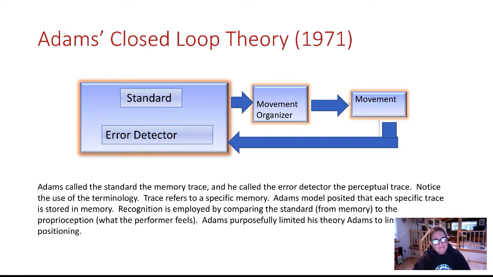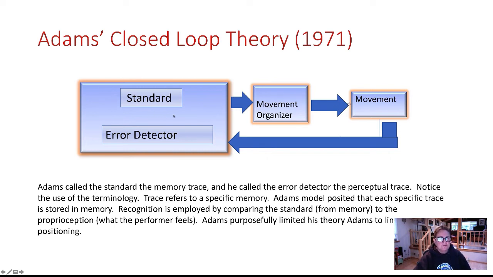So if you can imagine this error detector, which he calls the perceptual trace, is compared to what we intend to do. In other words, what we did is compared to what we intend to do. If there's a match, then everything goes on as planned. If there's a mismatch, then I know that I have to reprogram the whole idea and send it back through the musculature.